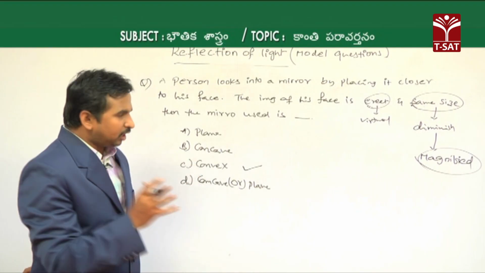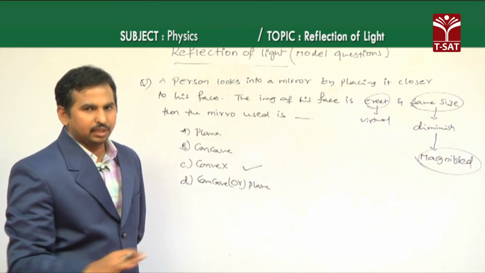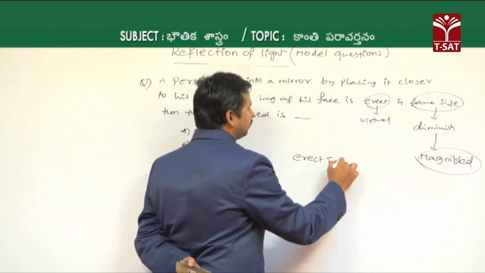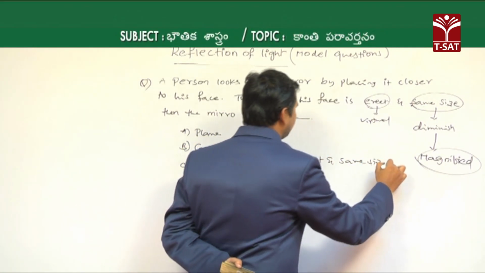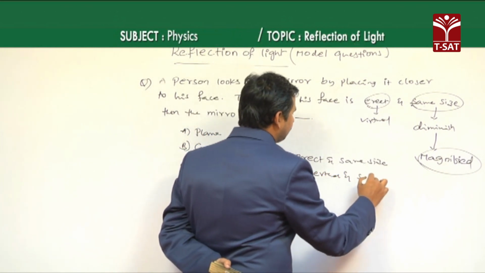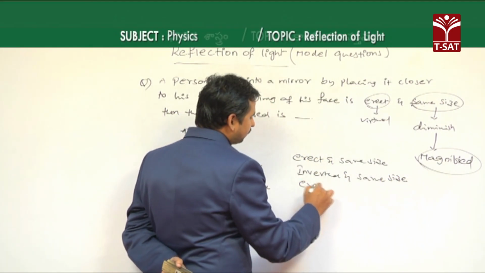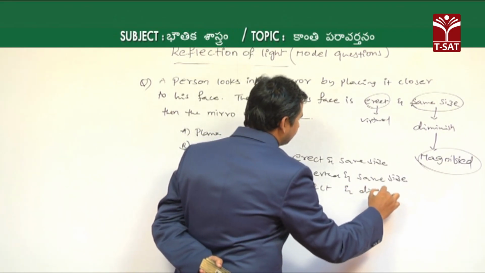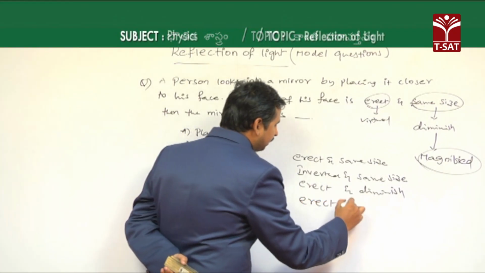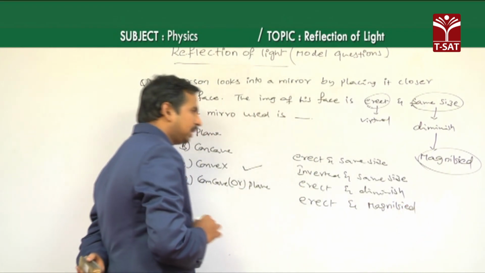So like this, depending on the reflection from the mirror, the same question can be asked in different ways. First, we have seen erect and same size, this is one possibility. Next, inverted and same size, that is another possibility. Third, erect and diminished, that is another possible case. And after that we have erect and magnified.